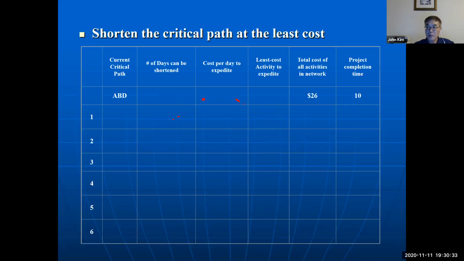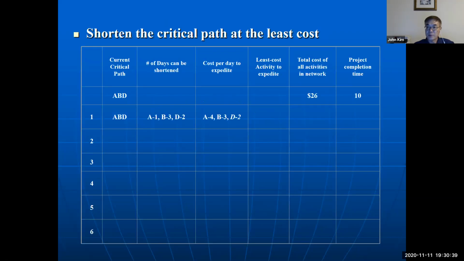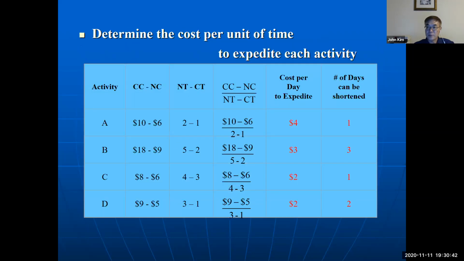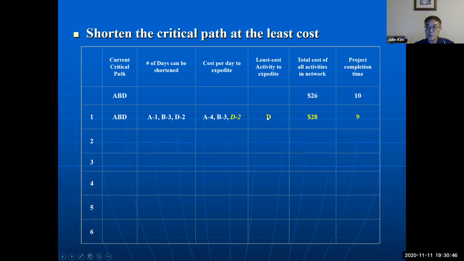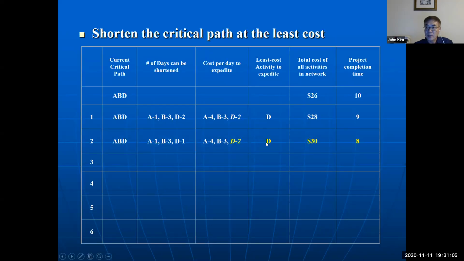So if we use more resources, the cost increases but the time decreases. So we use more resources on activity D, and then again on D, which makes it shorter. The next step is B, and so on.